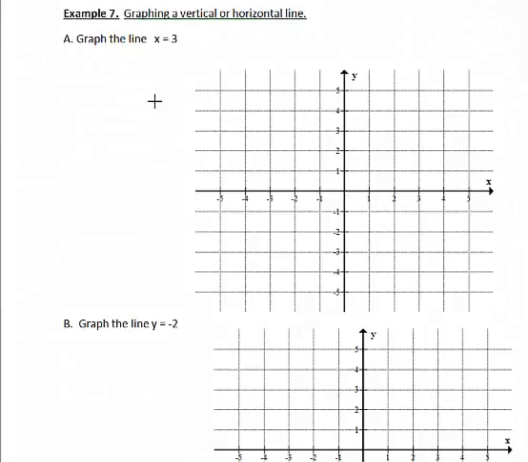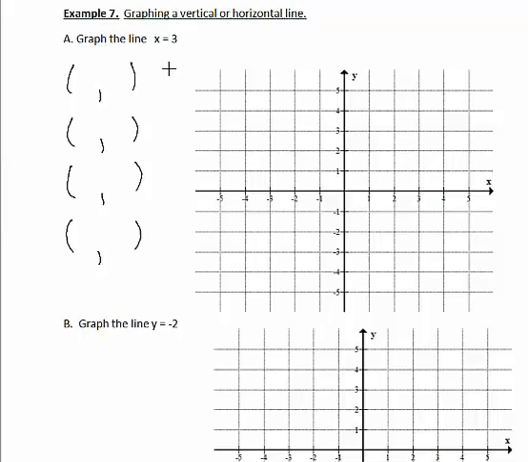So example 7, we want to graph a vertical and horizontal line. Well, if you forget, you see this equation, x equals 3, and you're completely confused, and you don't know whether it's a flat line or a line that's straight up and down. You know it's one or the other. What you can do is just write out some ordered pairs.